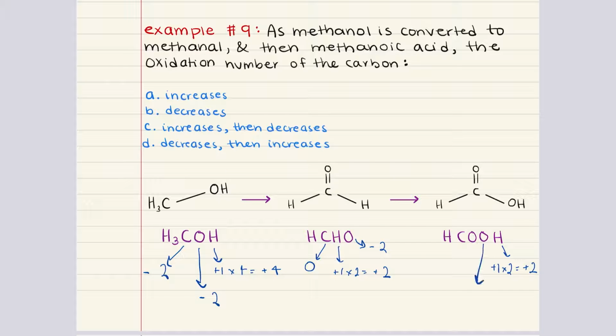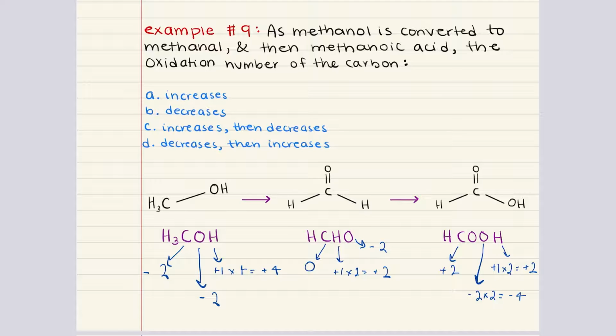Oxygen has an oxidation state of -2, and there are 2 oxygen atoms, so we have a total of -4. +2 minus 4 so far gives us -2. In order to ensure that the sum of the oxidation numbers in methanoic acid is 0, carbon must have an oxidation number of +2. That way we have +2 plus 2, that's a total of 4, minus 4, that gives us a total of 0.